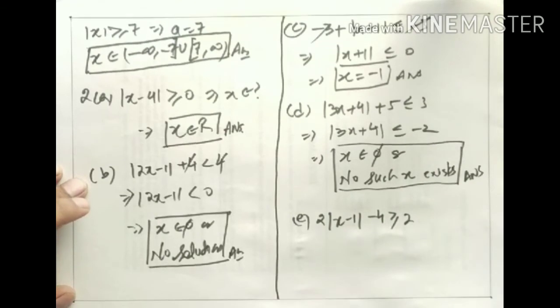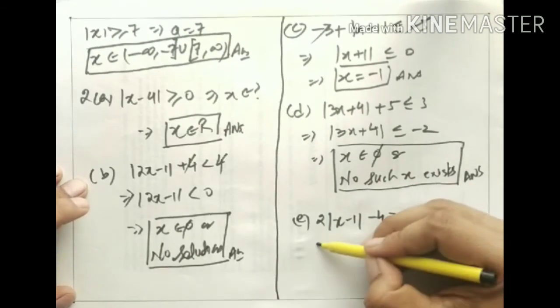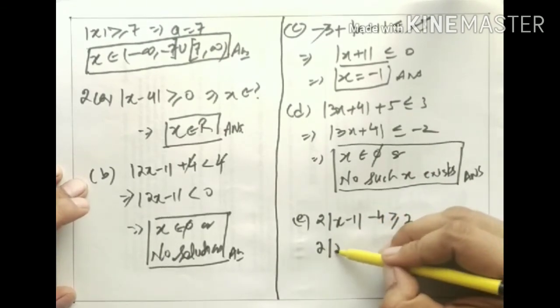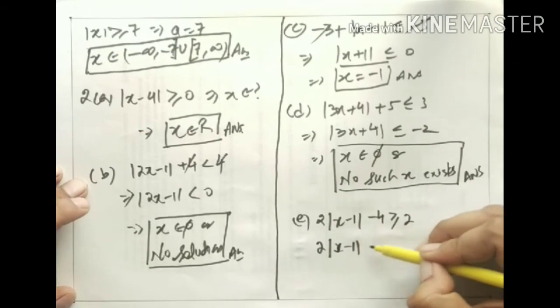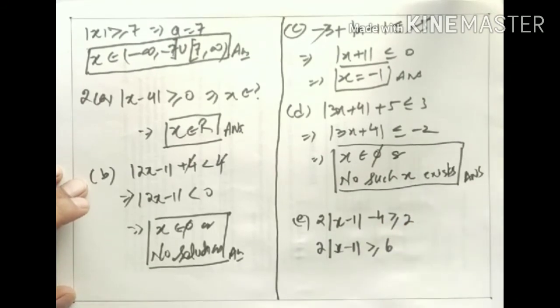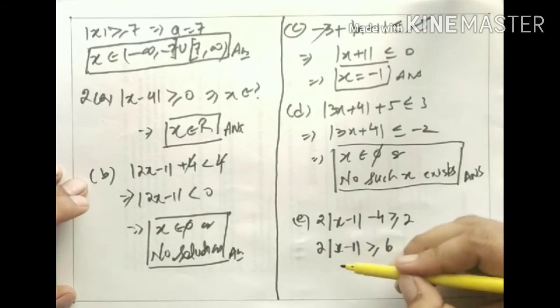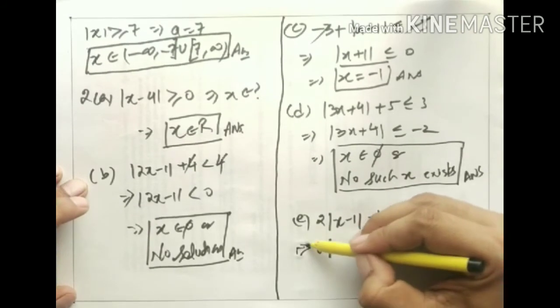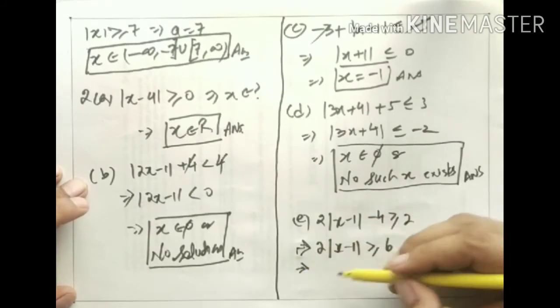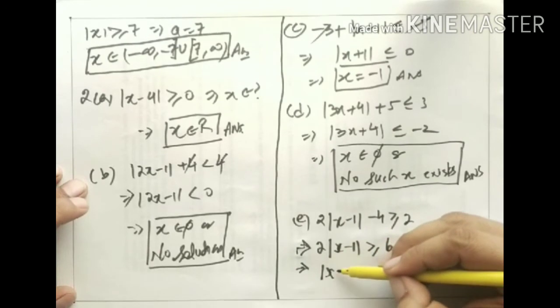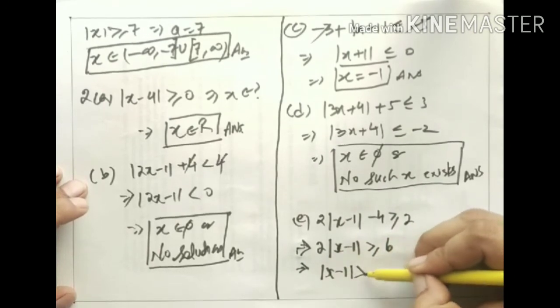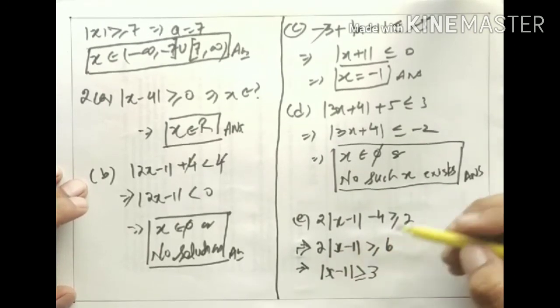Then we have to find the interval of x. So this will give us 2 times mod of x minus 1 greater than or equal to 6. So that means this is nothing but mod of x minus 1 greater than or equal to 3.